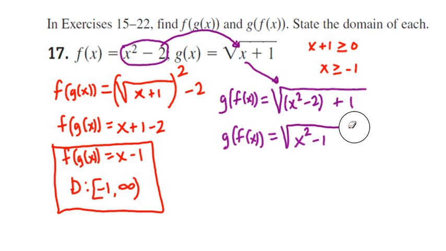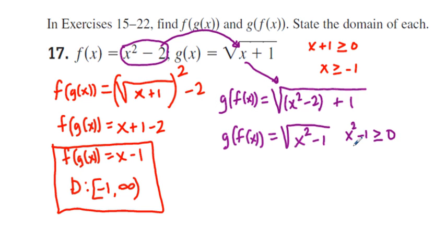And in addition to the original restriction here, x is greater than or equal to -1, we also have a new restriction in this newly conceived composition of functions. We know that x squared minus 1 is greater than or equal to 0.